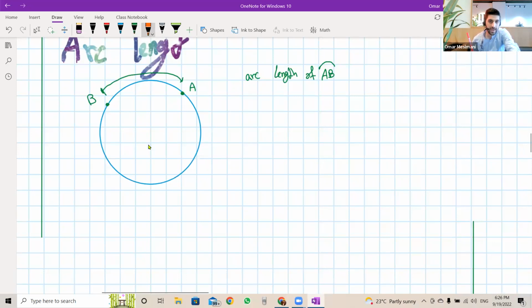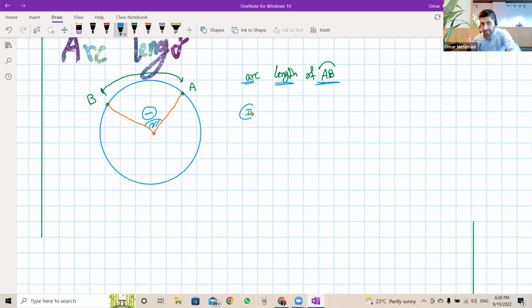So here I have to look for my central angle connected to the arc. I'm going to call it M. If you want to calculate the arc length of any arc, look first at the central angle.